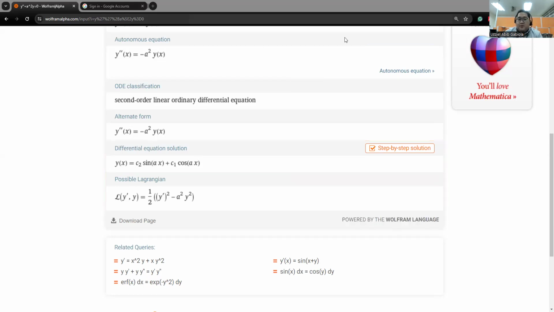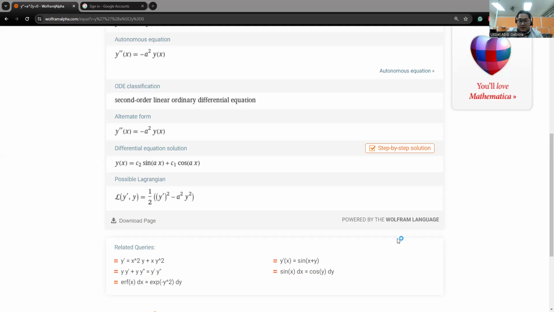Okay? So, going back to our slide. Again, hindi ko na sinolve siya manually kasi it would be tedious pa kung papakita ko pa yung solution using differential equation o yung differentials approach.